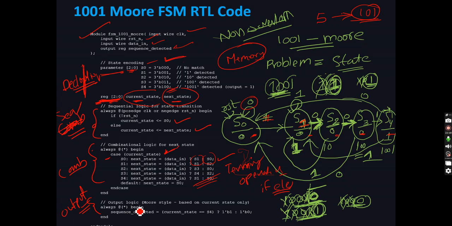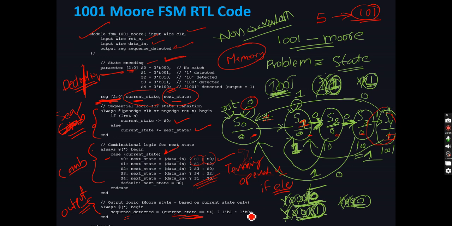At last we go for the output logic. As I said before, Moore depends only on the present state. Whenever it comes to the S4 state, it will throw the output as 1. It doesn't depend upon the input. Like that we have to write the logic.